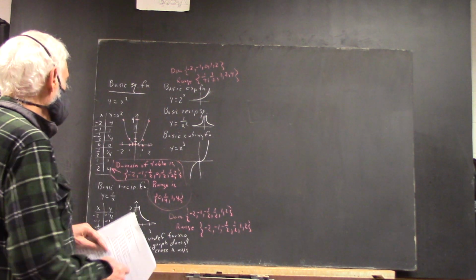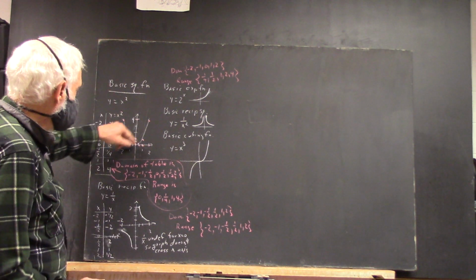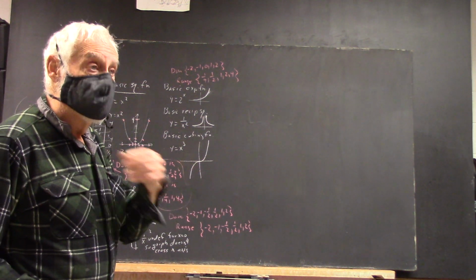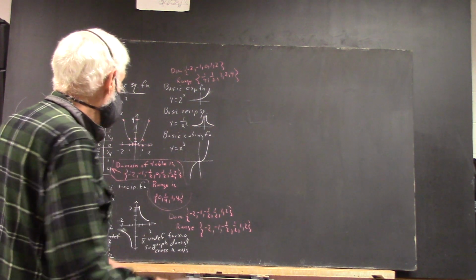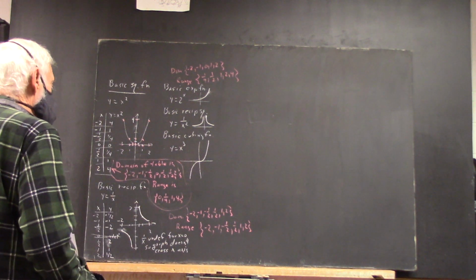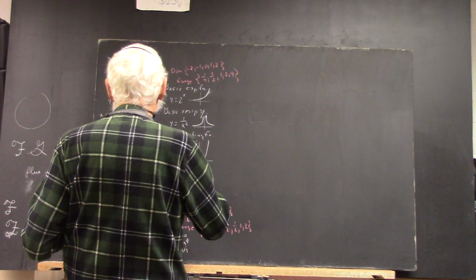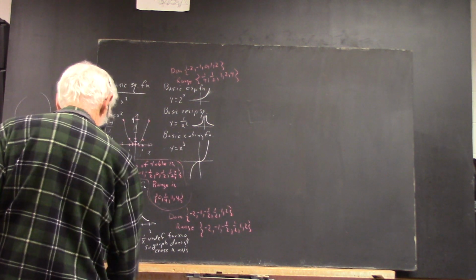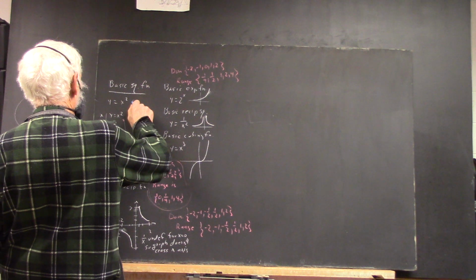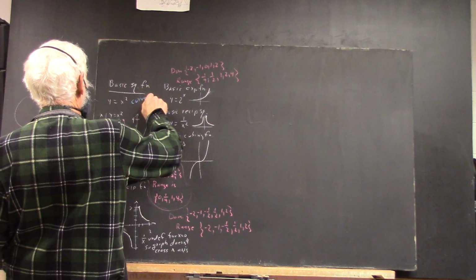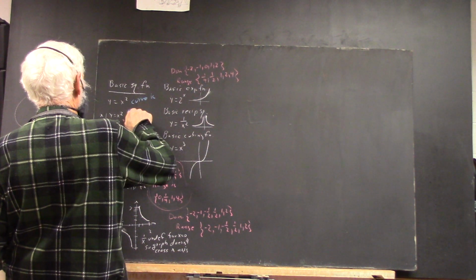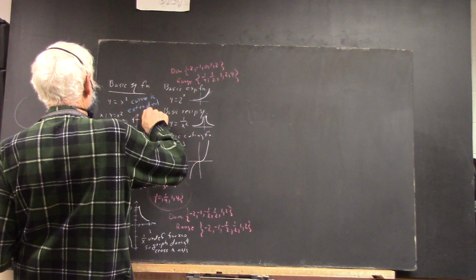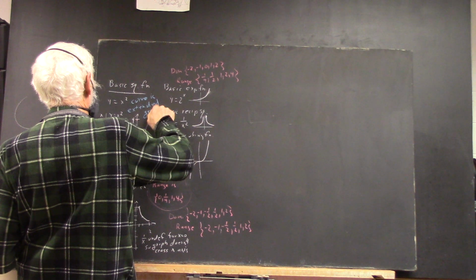Now, the extended graph is this curve, a smooth curve that fits these points. Okay? I'll say the curve is what I call the extended graph.